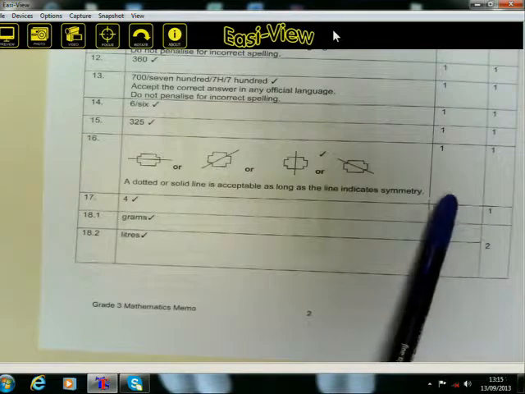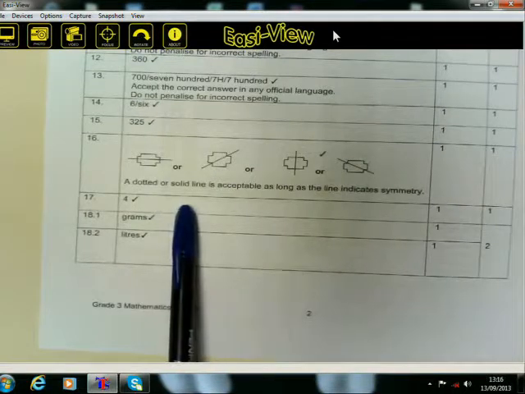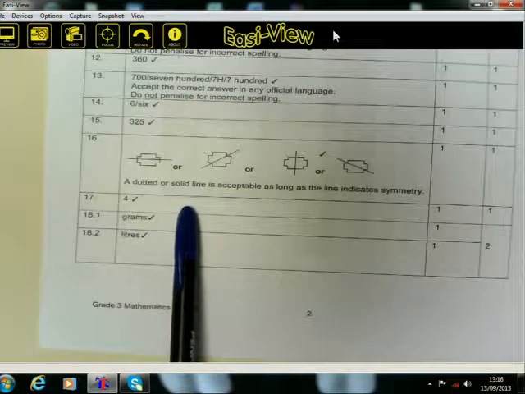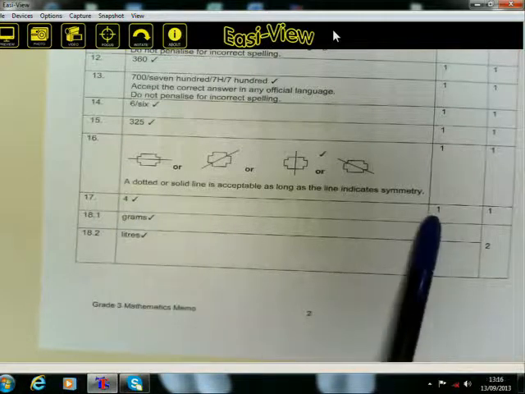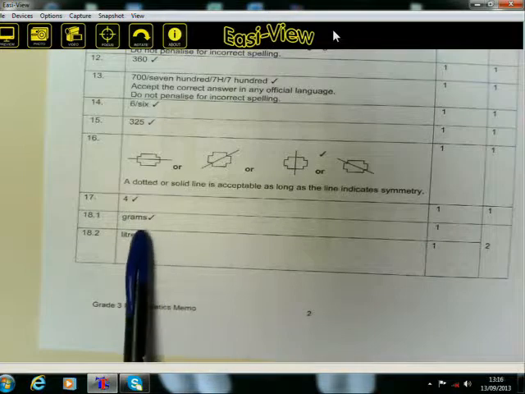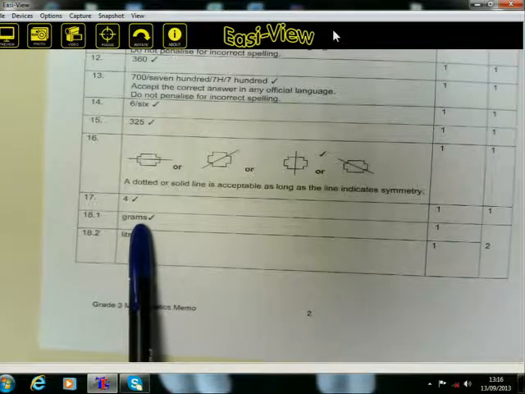Also for 1 mark allocation there. 17, write the width of the bell, which is then 4 centimeters. If the learner just wrote the 4, it will be correct because in the paper it is the 4, the centimeters is indicated. Question 18, circle the correct word in brackets for each of the following sentences below.